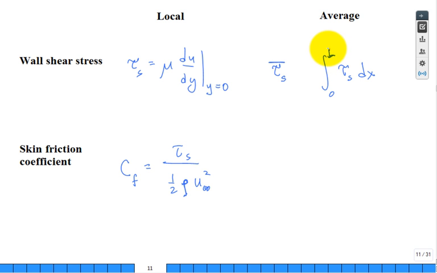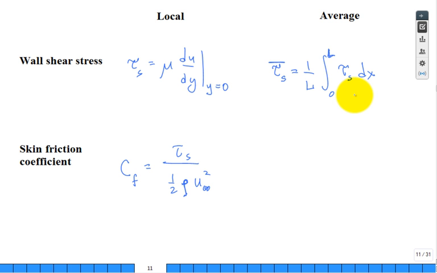Let me put L: equal to 1 over L times the integral 0 to L of tau sub s dx. What are we doing there? You're averaging over the plate from the leading edge at x equal to 0 to the trailing edge at x equal to L.